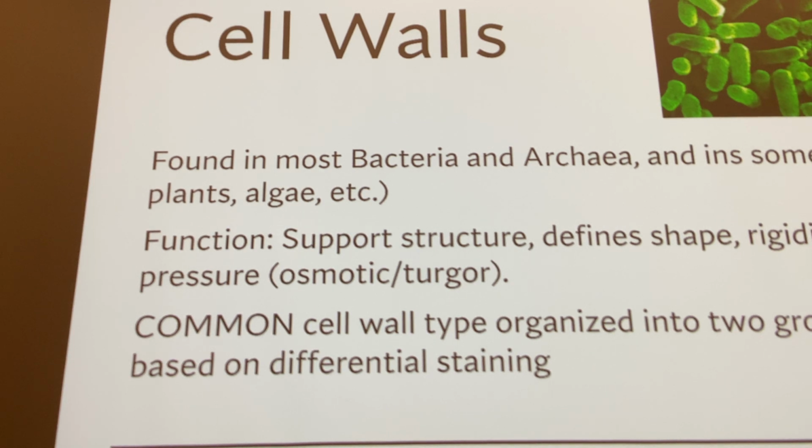People have done experiments, for example, with E. coli, where if you get rid of the cell wall, in most solutions, that cell just grows and grows and grows until it explodes, right? Because it has this high concentration of things like sugars in its cytoplasm, and it's fighting against all that water rushing in. So essentially the cell wall is to protect or help support the cell structure under those great osmotic or turgor pressures.